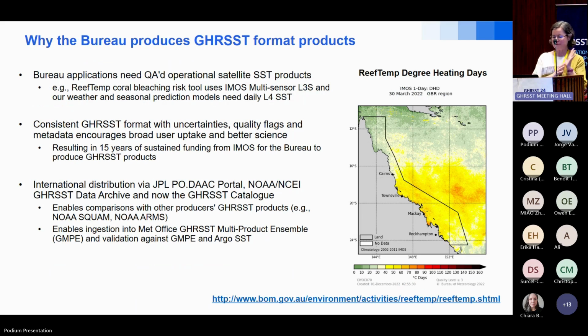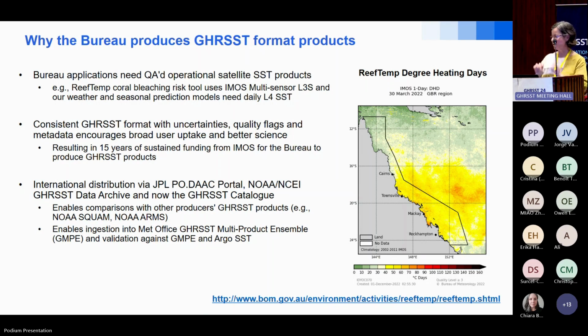Okay, so why does the Bureau produce GHRSST format products? We've been doing this for a long time. It's a lot of effort, but what's in it for us? The Bureau applications like Reef Temp coral bleaching, image shown here on the right, and our operational daily SST analyses, L4 products for NWP models, require SST and the bias and the quality level.